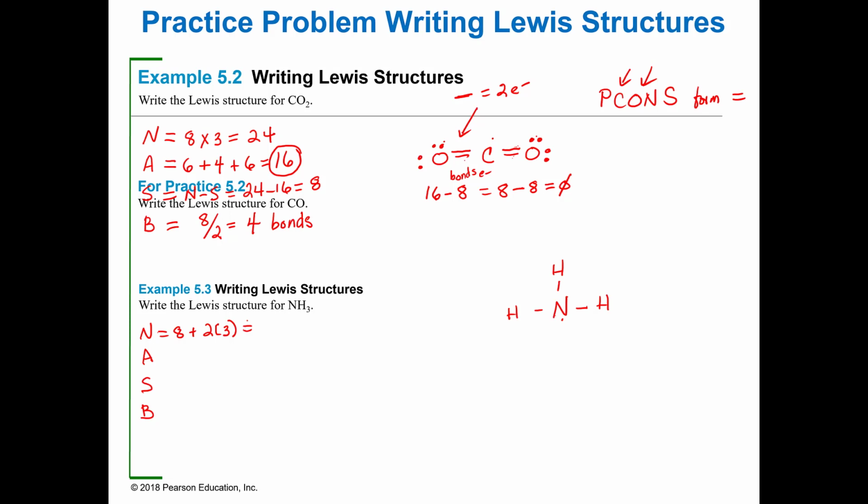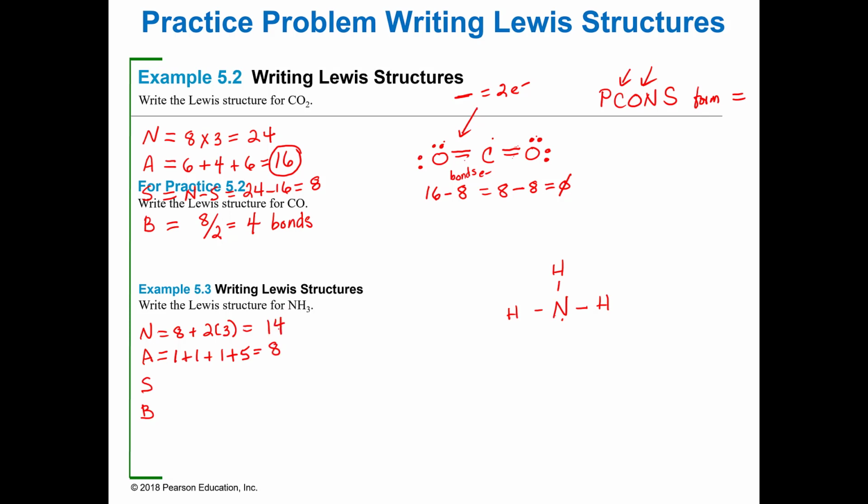Then available, I look at the group numbers. Each hydrogen is 1, so 1 plus 1 plus 1, plus the group number for nitrogen, which is 5, and so that is 8, and this was 14.